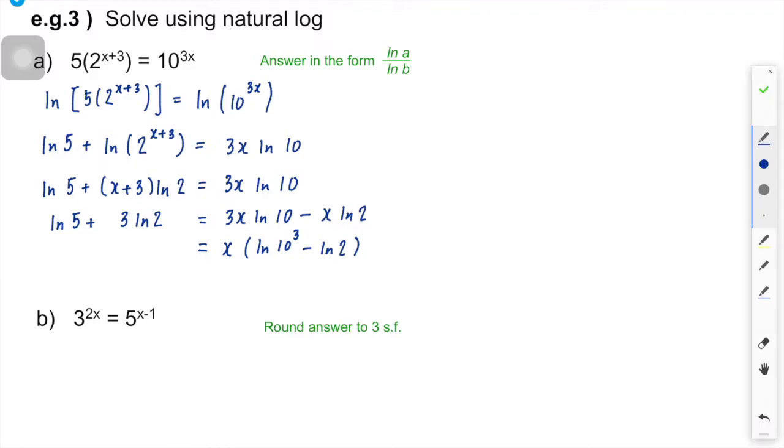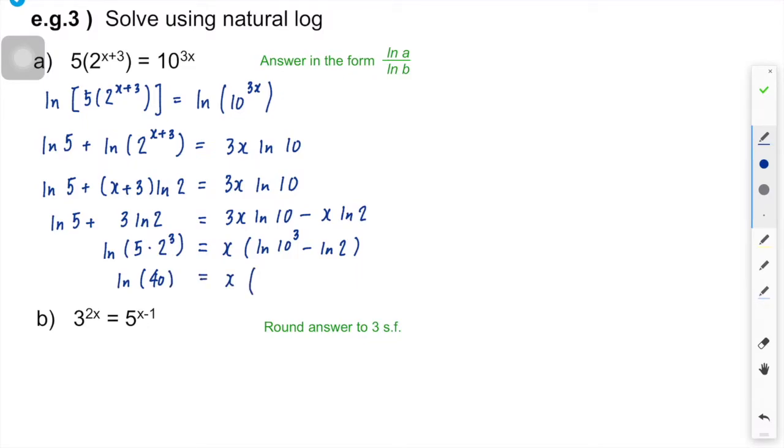And then on the left side, I will actually try to combine the two terms together. So I can multiply 5 by 2 to the power of 3. Okay, let me take one more step first. So 8 times 5 is 40.